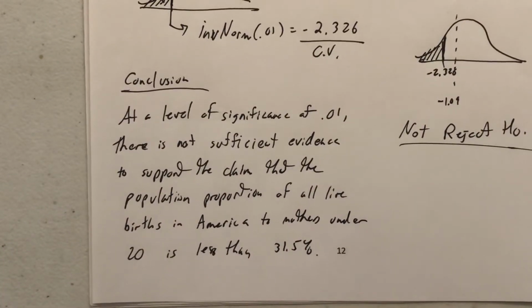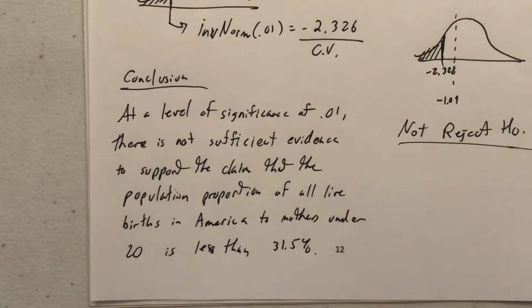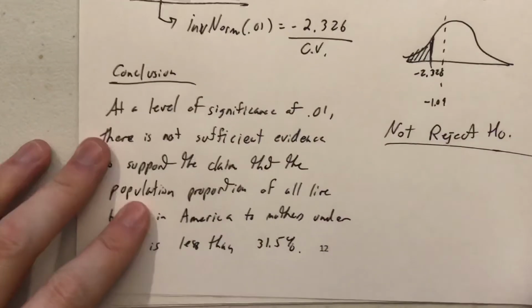Because again, that was the claim. We claimed that it had decreased. We claimed that it was under that. So we're saying there's not sufficient evidence to support that claim, that the population percentage of all live births in America to mothers under 20 was less than that 31.5%.